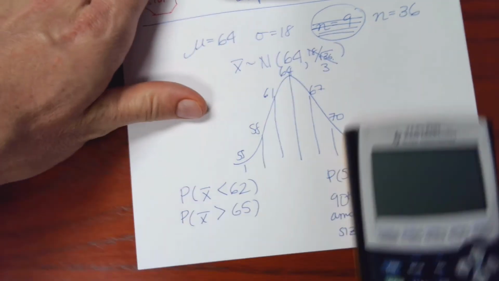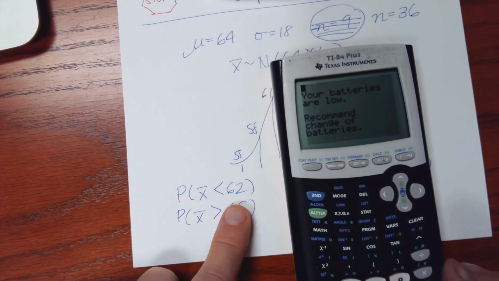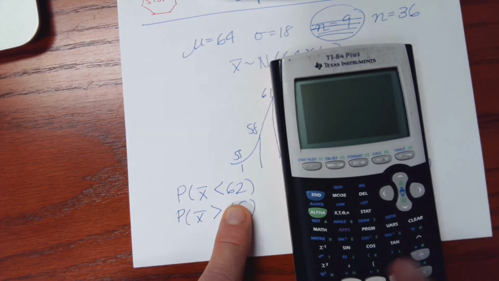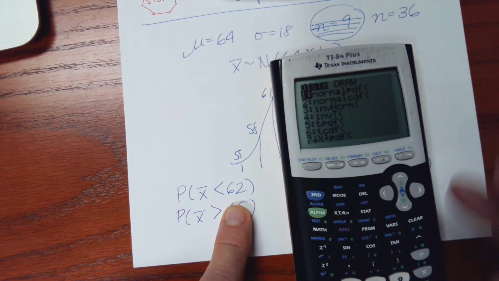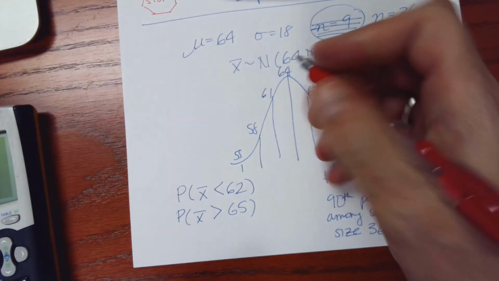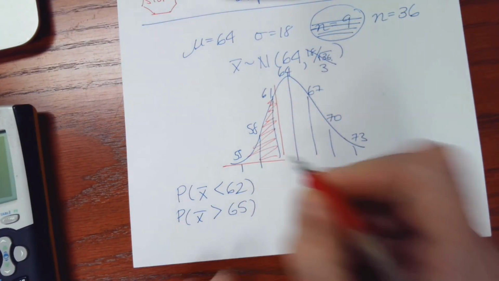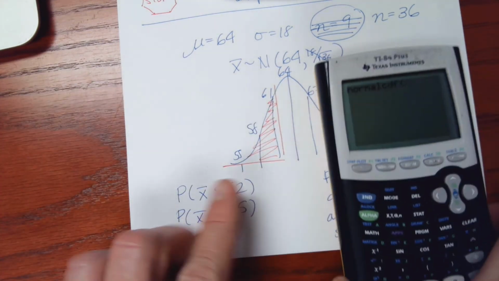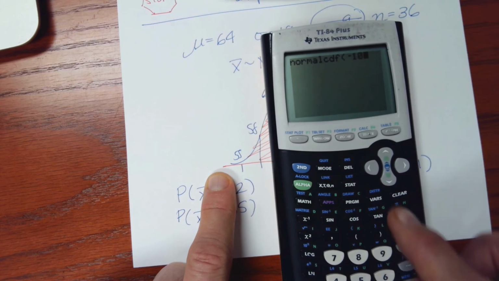The first question is the probability that I would get a sample mean less than 62. I'm going to use my distribution menu. That's a normal CDF question. So less than 62 is somewhere from here over. The left bound is negative infinity, so I'm going to use negative 10 to the 99th power.